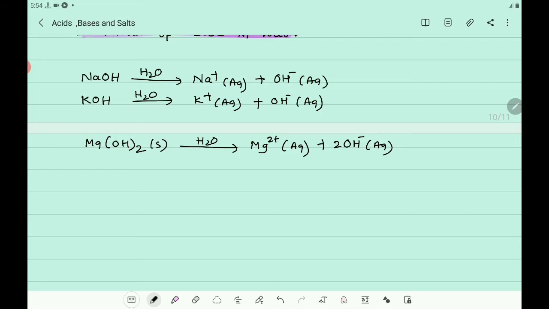Bases generate hydroxide ions. These ions are called hydroxide ions, OH minus aqueous.